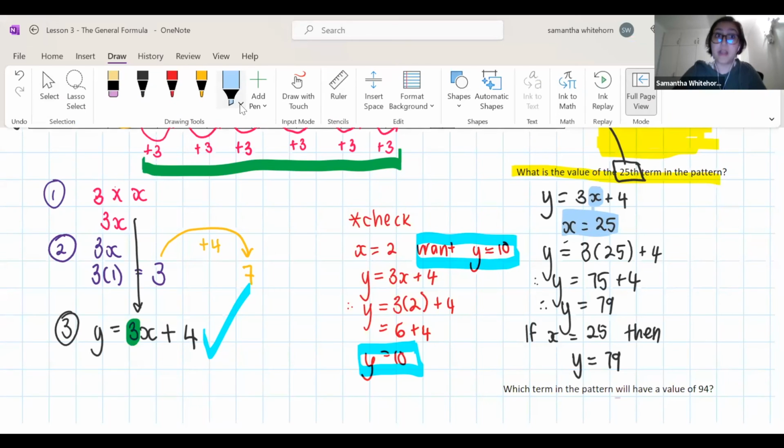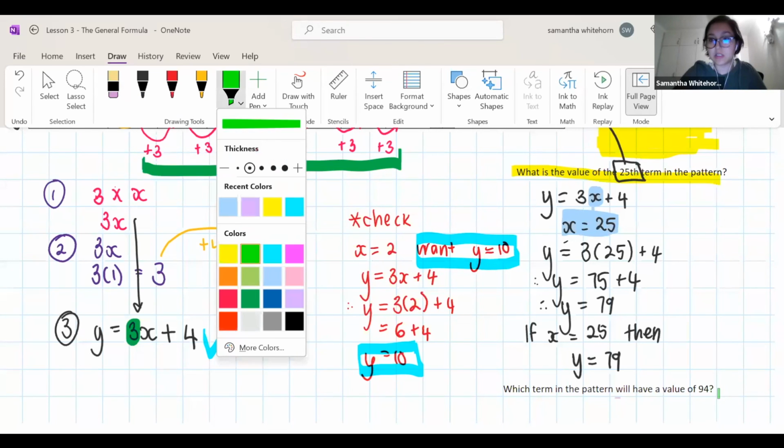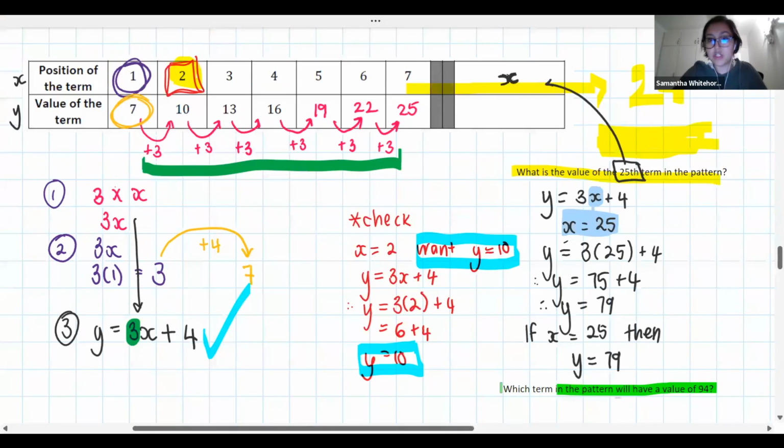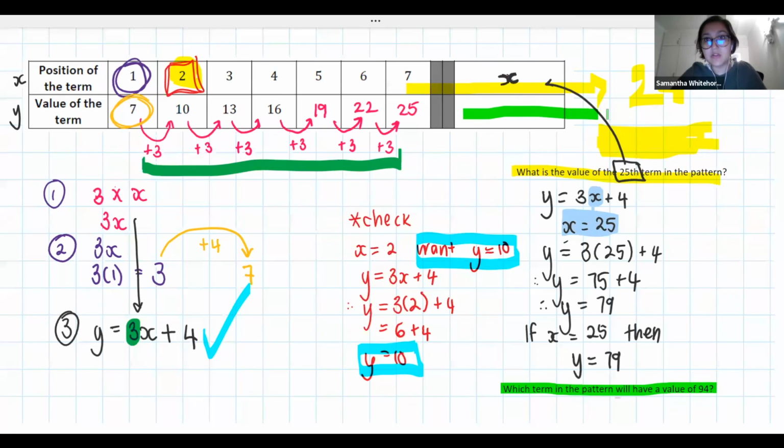It's quite useful to us. Let's use it. So this is the next question. Which term in the pattern will have a value of 94? So I'm giving you the value. So I'm telling you the value of the term is going to be 94. I want to know the input value. I want to know which term it's going to be. Give it a try.